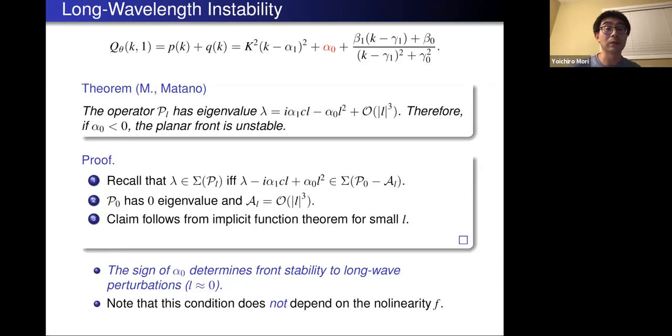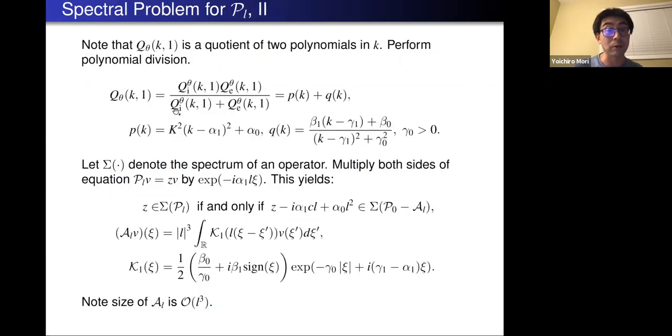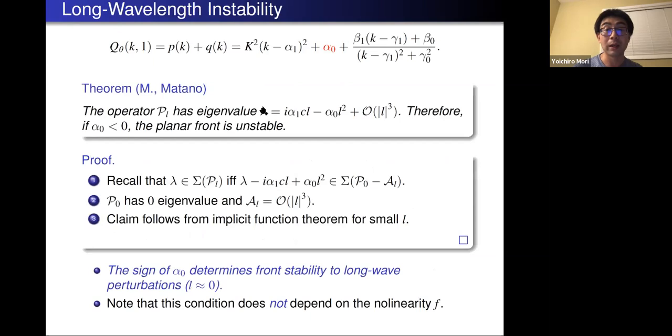Recall that, as we said before, we perform polynomial division of a fourth order polynomial divided by a second order polynomial, and we had PK plus QK, and these are the coefficients here. The important quantity here is this red coefficient alpha 0.